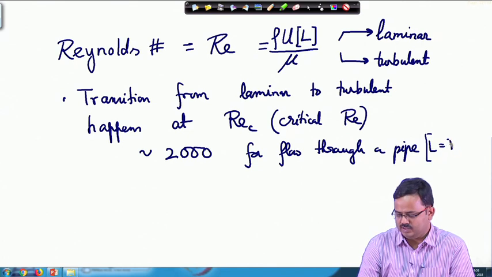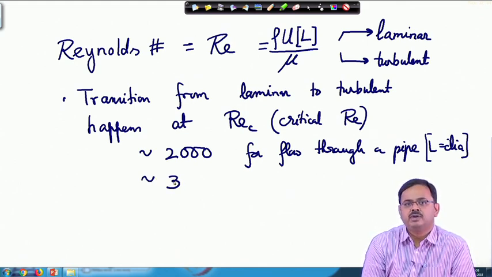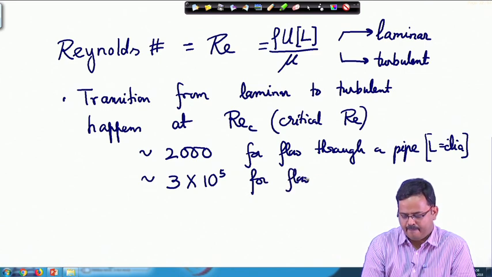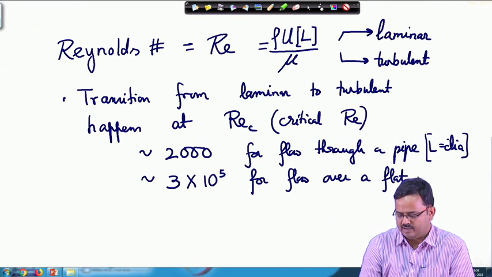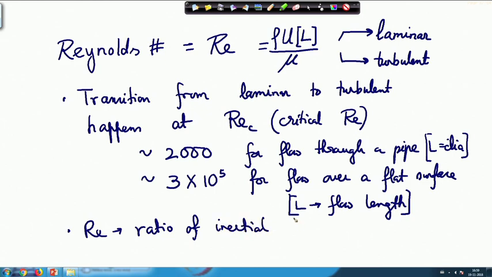In that case, L is actually the diameter. For flow over a flat surface, where L is the flow length, it is actually, some people say 3 into 10 to the power 5, some people say 5 into 10 to the power 5. Okay. So, Reynolds number is very important, and actually Reynolds number is the ratio of inertial to viscous forces. Okay. All right.